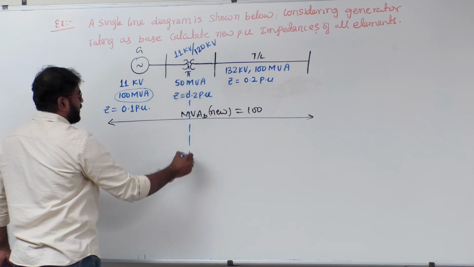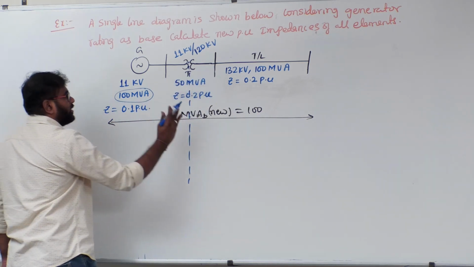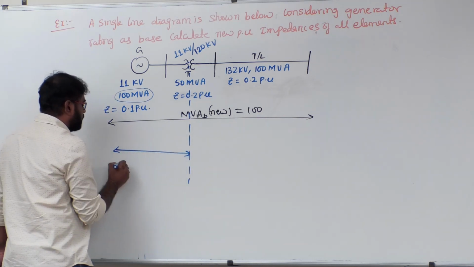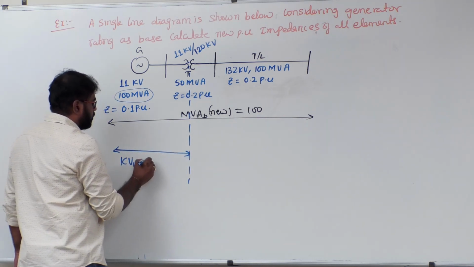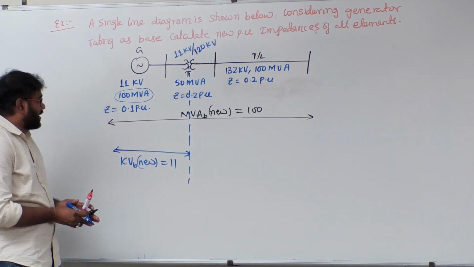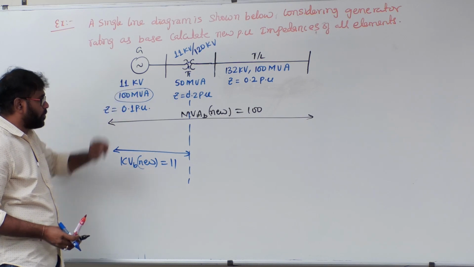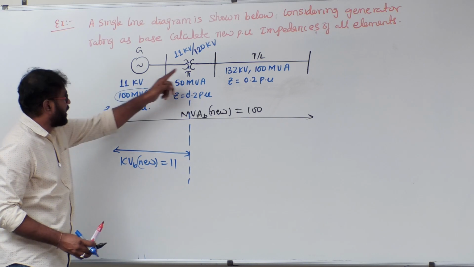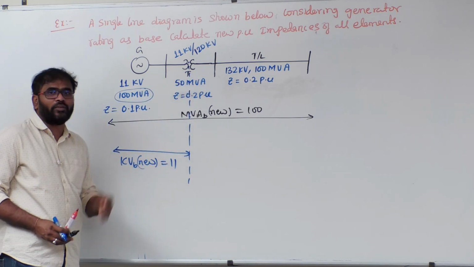The transformer primary is on this side and the transformer secondary on this side. Till here, what is the kVB new? kVB new is 11. Why? It is clearly mentioned, consider the generator rating as base. That means till the transformer primary, kVB new is 11.